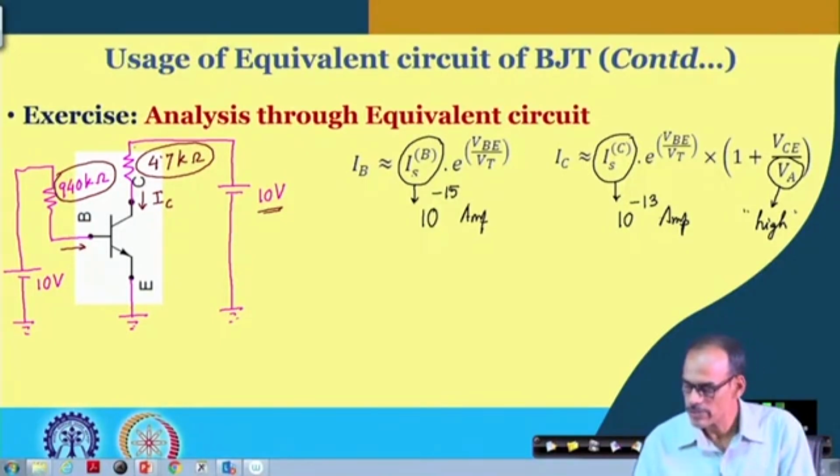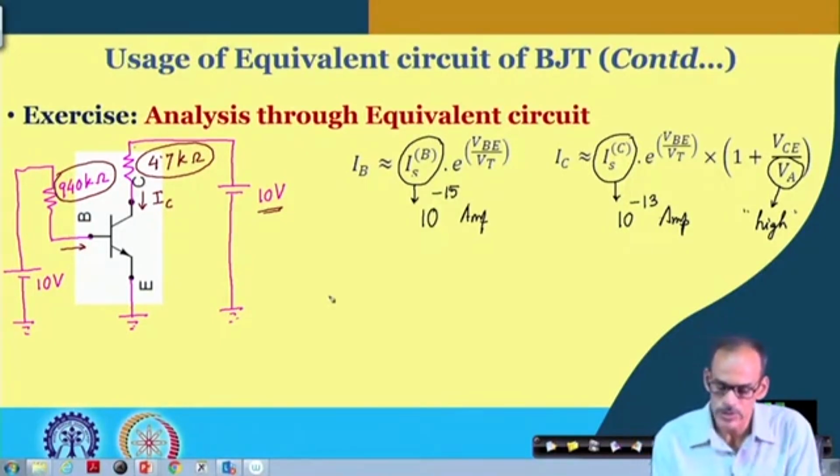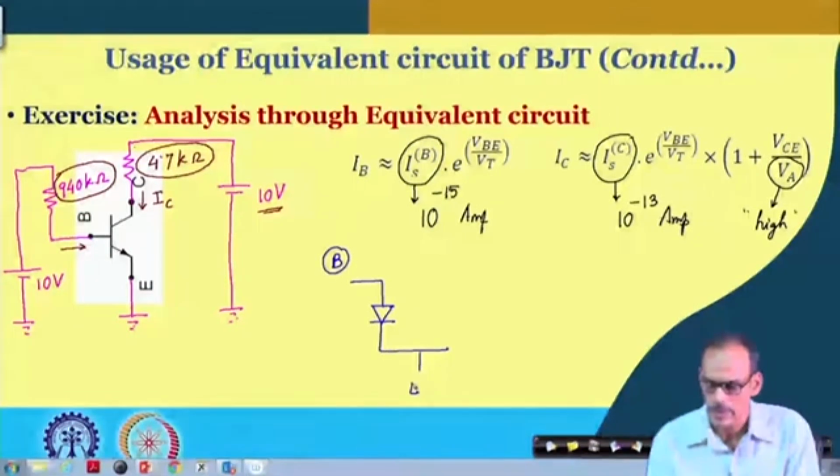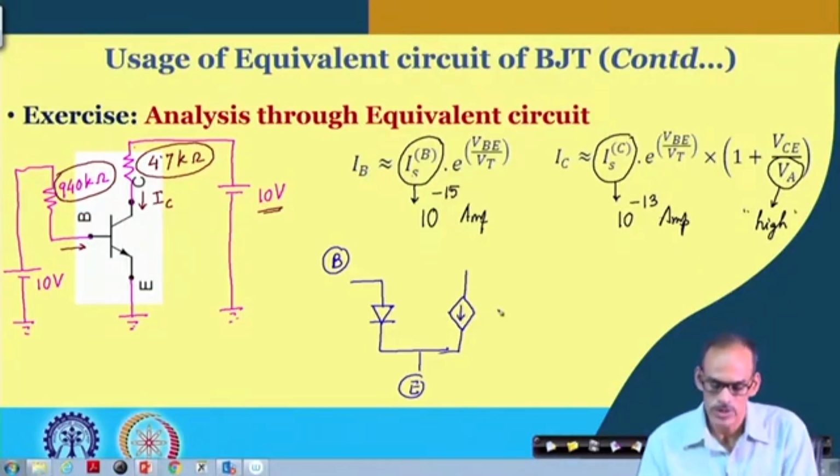Now, with this condition how do you proceed? We have already discussed the equivalent circuit. So, let me draw the equivalent circuit of the transistor. We have the diode connected between base and emitter, and then we have the current controlled current source, assuming that the device is in the proper region of operation.